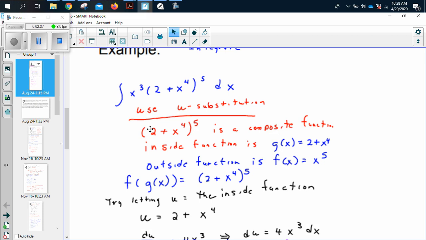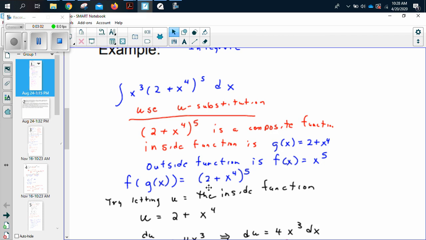G of x would be the inside function, 2 plus x to the 4th. The outside function, f of x, would be x to the 5th. If you do the composite of f of g of x, you take the inside and put it into the outside. So this is a composite function.